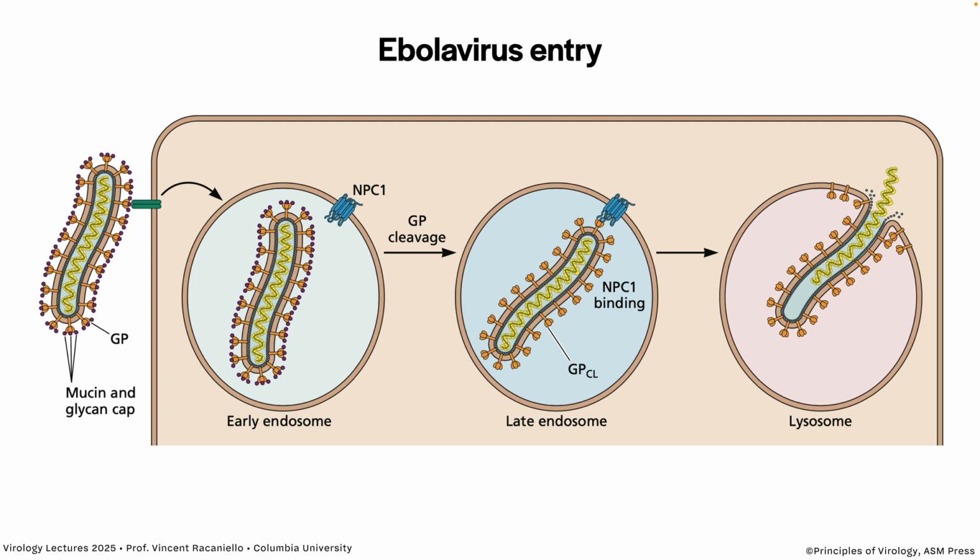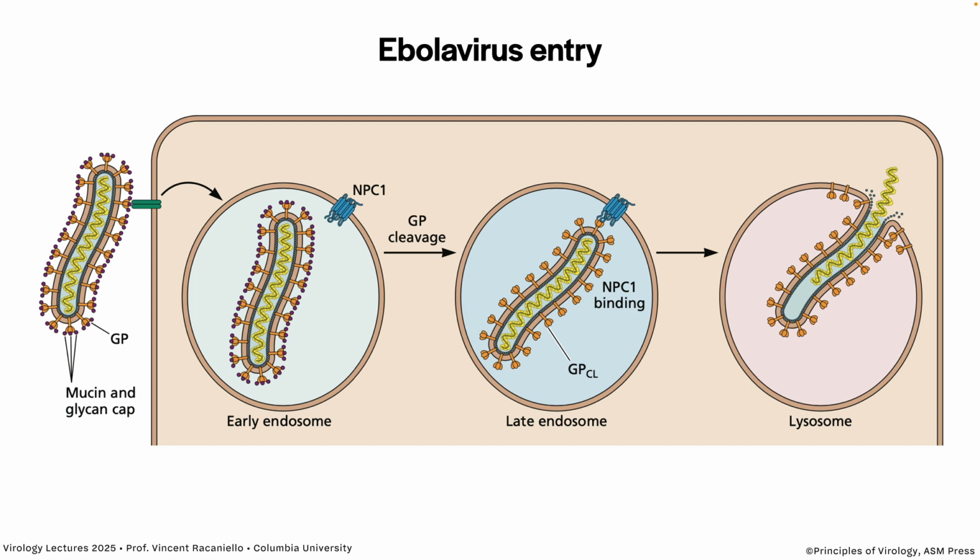So they're brought into an endosome, and in the endosome there are again enzymes like the ones involved in hydroxychloroquine that cut the glycoprotein, and they expose a binding site for a receptor in the endosome. So this blue protein here labeled NPC1, that is the endosomal receptor for Ebola viruses. When the virus binds those, the membrane fuses and the RNA comes out, as you can see there.